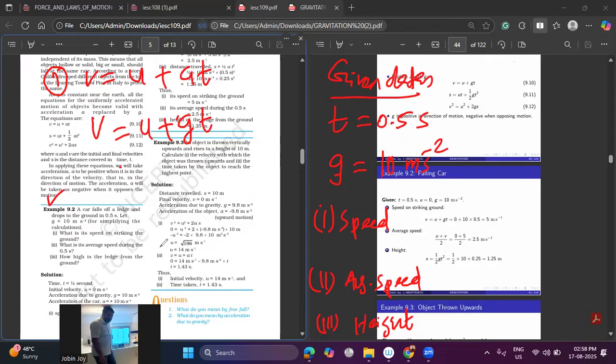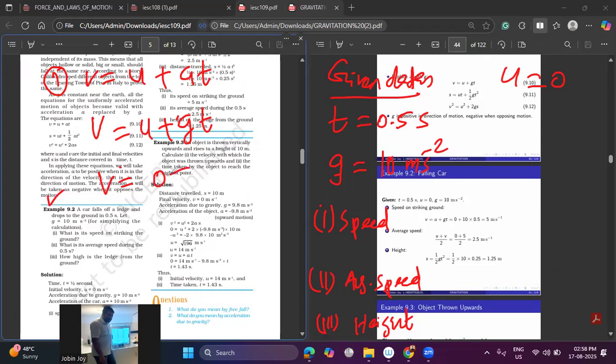So the first question is, what is the speed? Speed means velocity, the final velocity. The initial velocity is 0 because a car falls off a ledge and drops to the ground, so u is equal to 0.